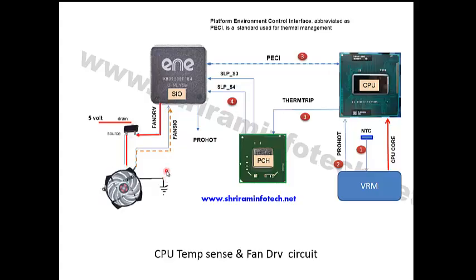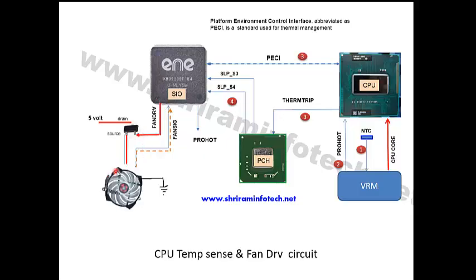Now if you have a problem, like a laptop where the fan is not rotating, then you have to check the 5 volt at the red pin. If 5 volt is not coming, then you have to check this MOSFET. Maybe this MOSFET has gone open, or it's not getting a trigger at its gate, which comes from the SIO. So you have to check that.